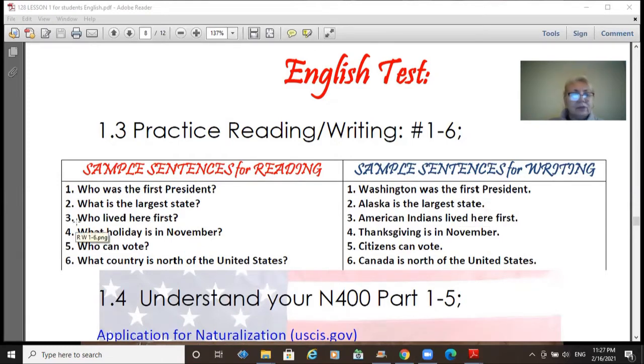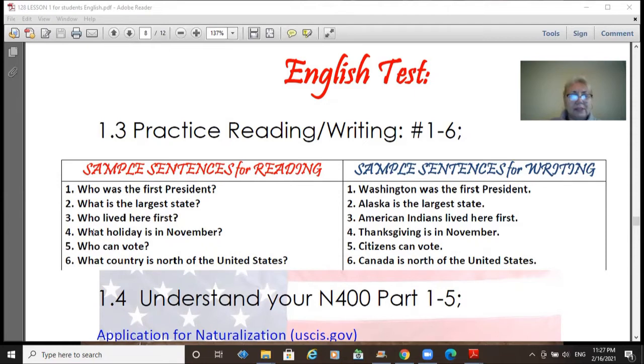Number 3 for reading. Who lived here first? Number 3 for writing. American Indians lived here first. Please capitalize American and Indians. Number 4 for reading.